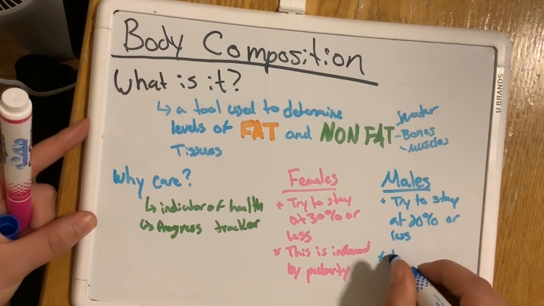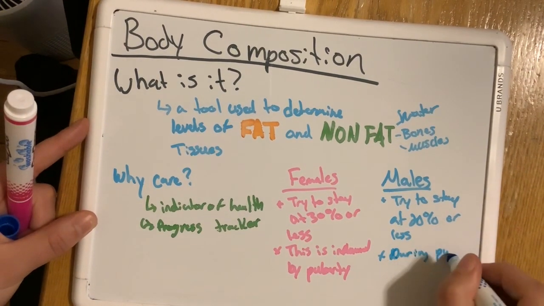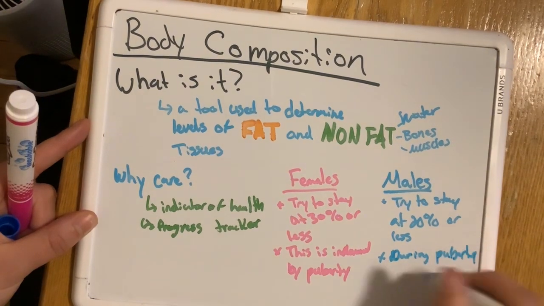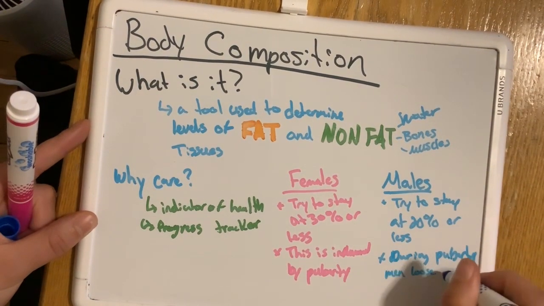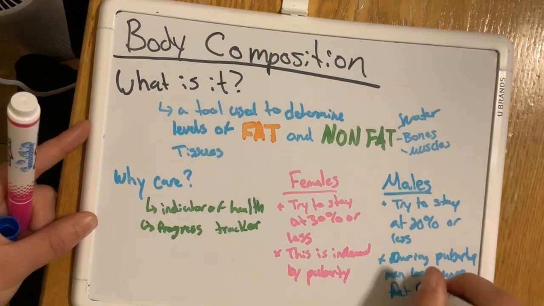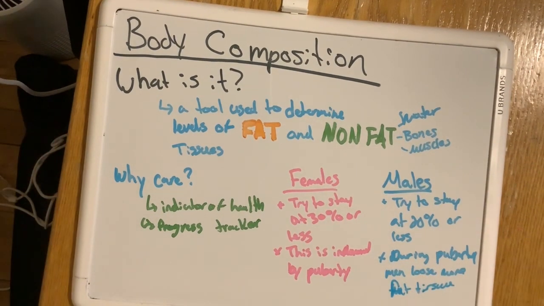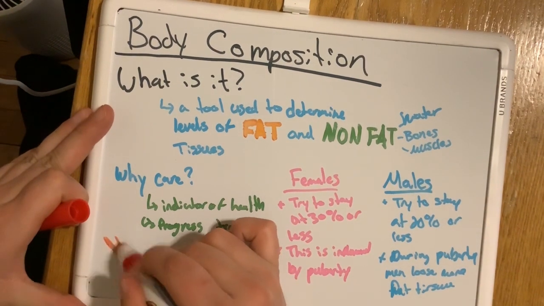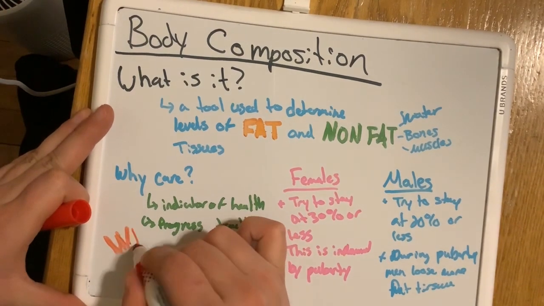During puberty, men actually burn more fat, so they lose fat. And this is because they have a higher metabolism and things like that. So females, we try to stay under 30%. Males, we try to stay under about 20%. Using those as a goal, you can help, obviously, progress monitor what you're doing.